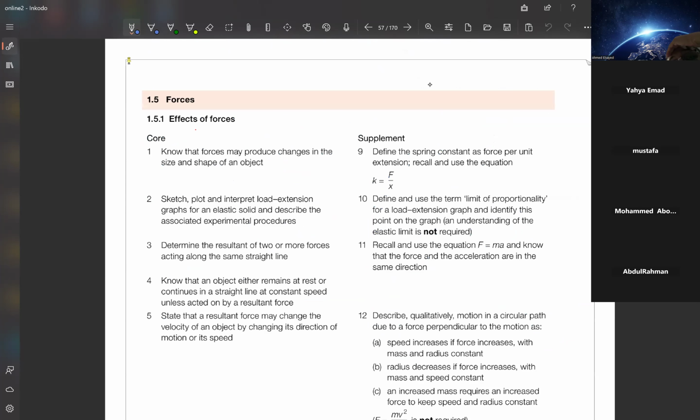Now let's move to the next. We can solve some questions about density from the past paper. So now I will move to past paper to practice on some questions. Sir, so we won't do forces today? First, we will practice, then we can continue, no problem, to ensure you understand.